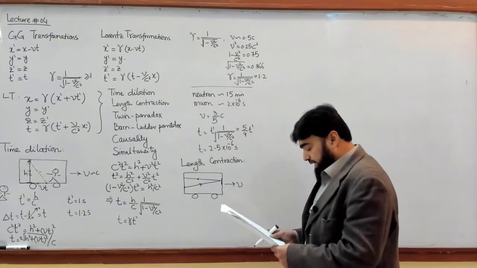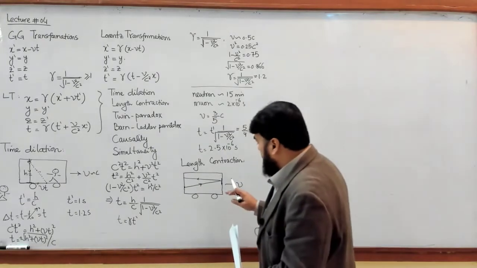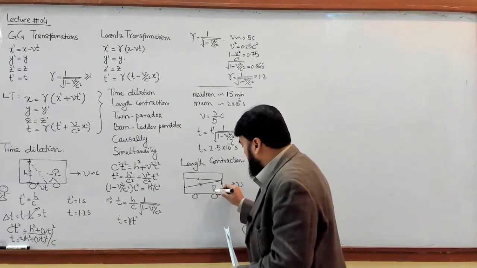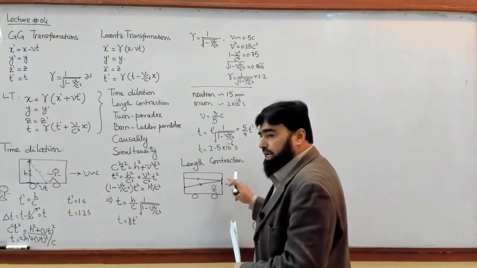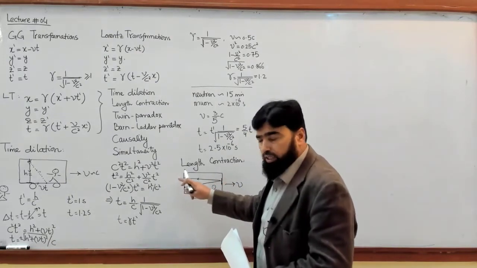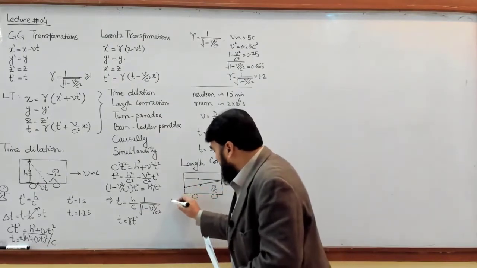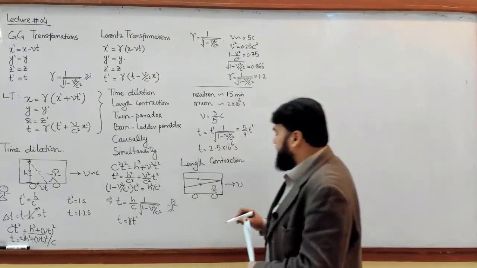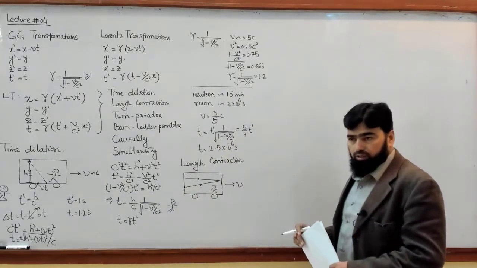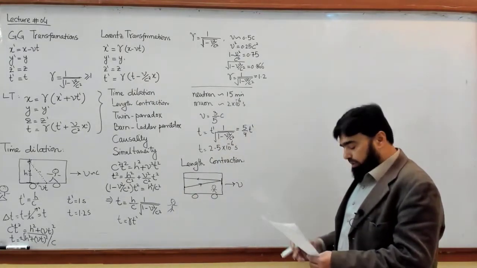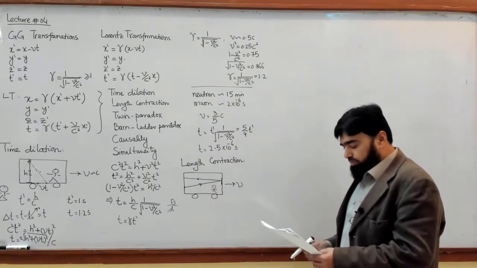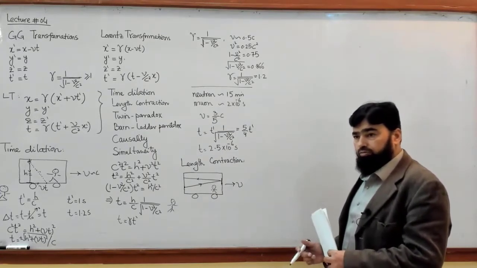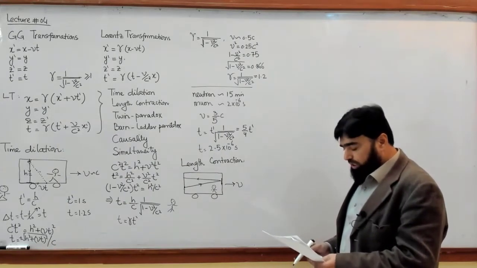And what about the observer who is measuring the length the light has traveled? There is the observer in the stationary frame, who is measuring it from here. Now whether they will measure the same time or the time will be different. So let's see.